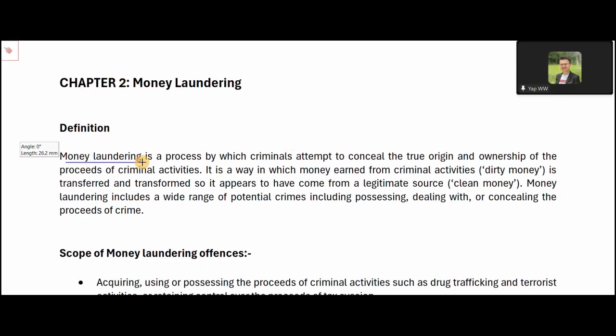Money laundering is a process by which criminals attempt to conceal the origin. Let me just highlight the important keywords. Process to conceal the origin and ownership of the proceeds of criminal activities. This is the first part that you need to remember.